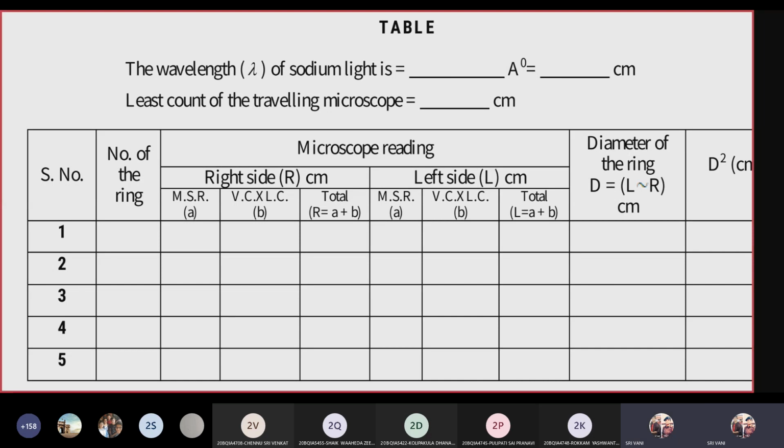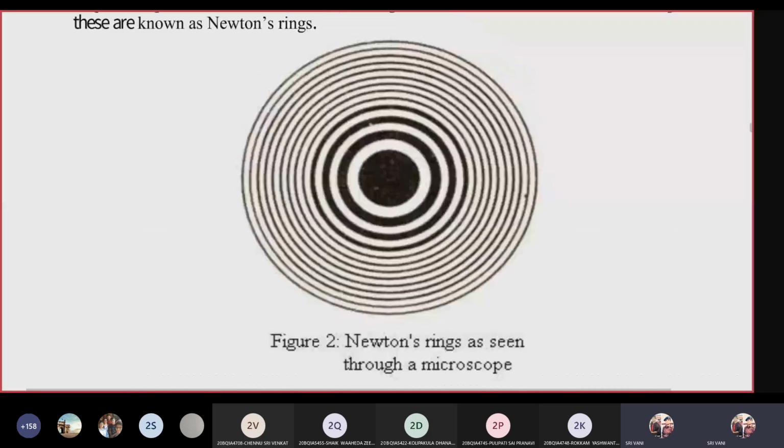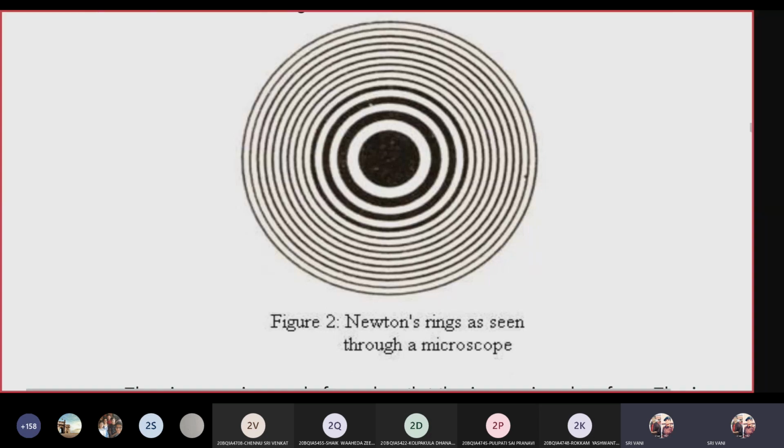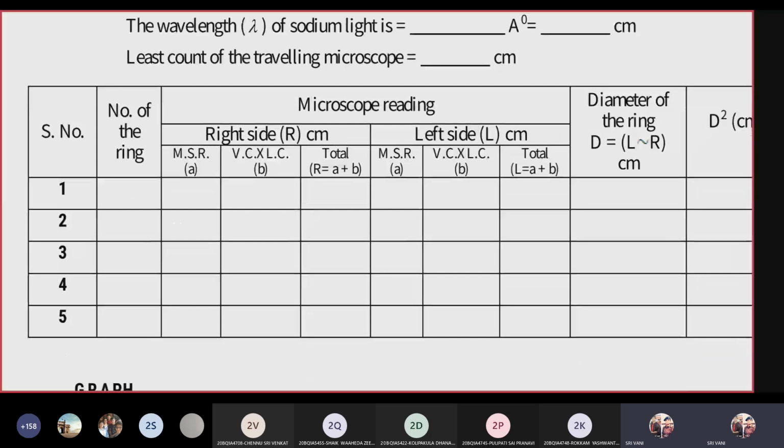But in Newton rings, we take readings two times, because for a ring we have to take both the left side and the right side. Taking the difference between these two values, we get the diameter of that particular ring. Like that we can calculate the diameter for any ring in the experiment.